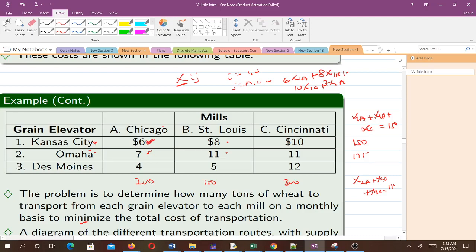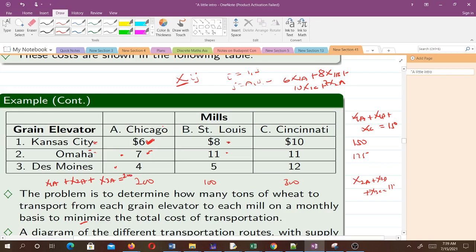So to get the equation for it, what we can see here is x1a plus x2a plus x3a, and this is equal to 200.